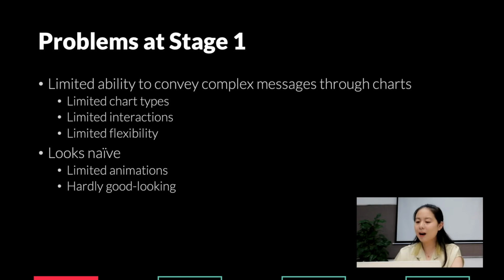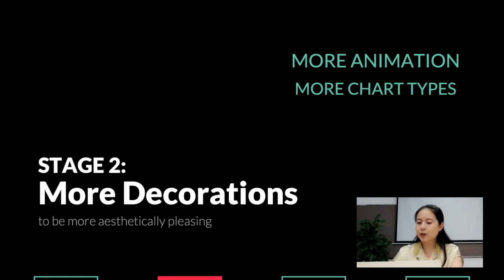And it was hard to use chart tools at this stage to do complex things. Also, there were limited animations and they were not very good looking. So people at this stage realized that it is useful to involve more animations and more chart types to make charts fancier.